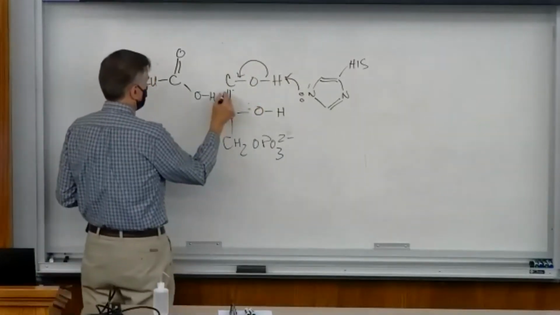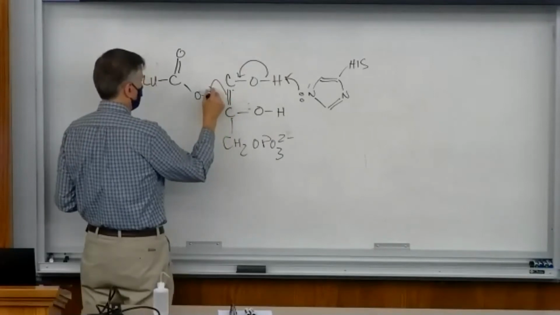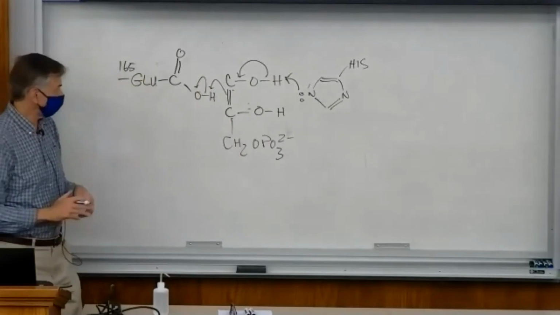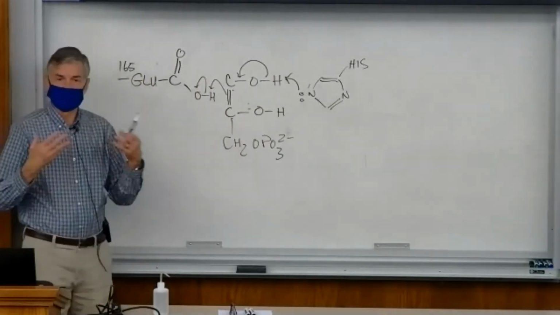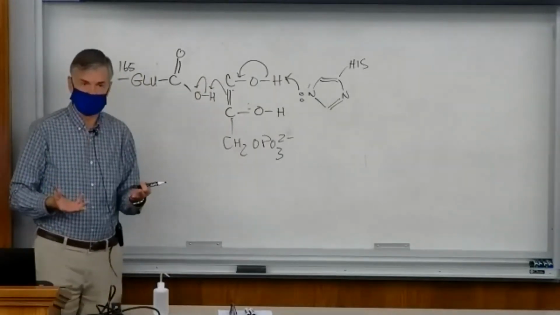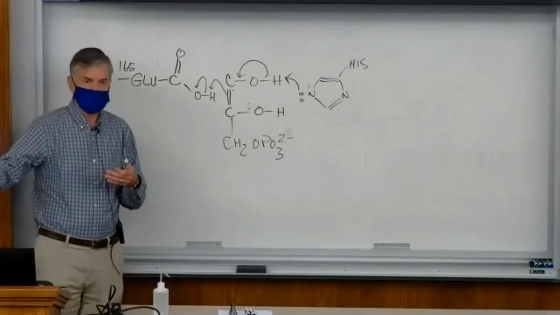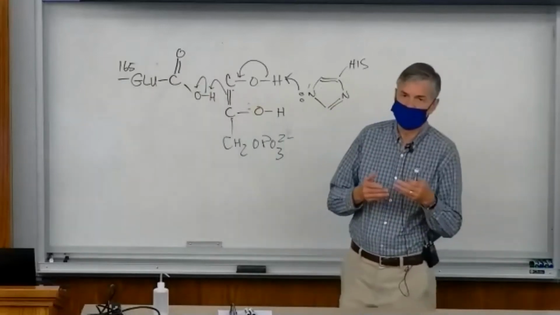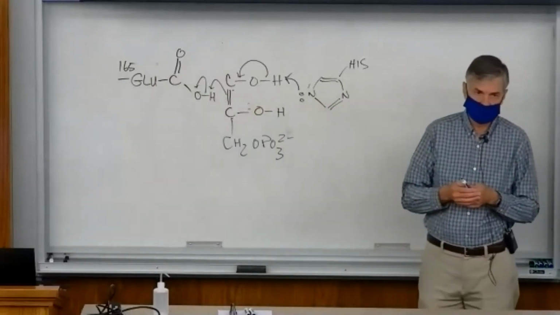This is going to lead to this pair of electrons coming out and picking up this proton, and we now have glyceraldehyde 3-phosphate, which is the substrate for step number 6 in the glycolysis pathway. Okay?